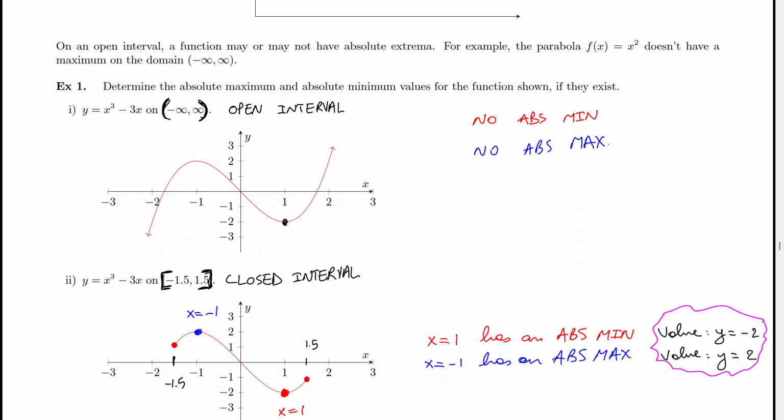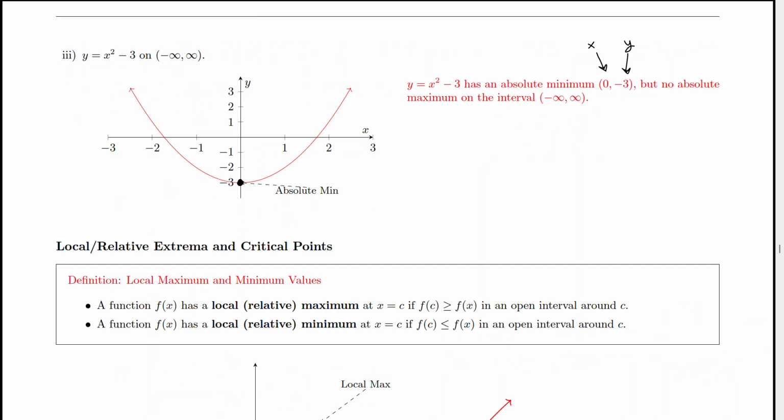And in the same way, we can say that x equal to 1, that location, will have a relative minimum because, again, in that little world, that seems to be the lowest y-coordinate, or the place where the graph is lowest. And again, we don't pay attention to what's going on here because that's not part of the world we care about. So that's the difference between a local maximum and a local minimum.